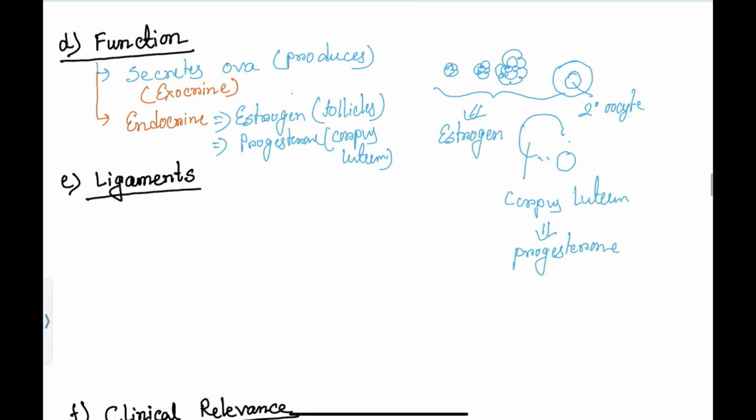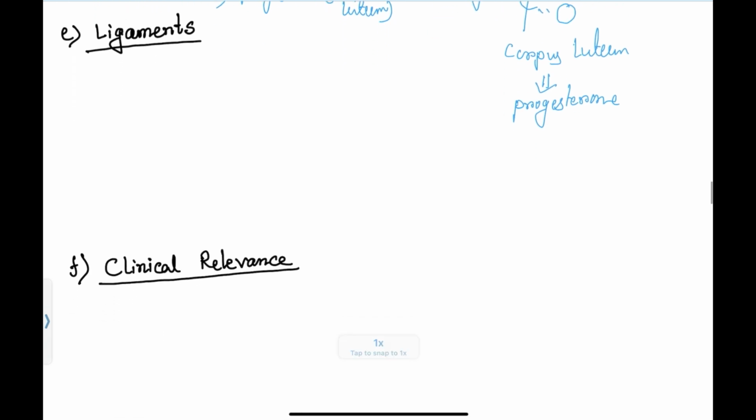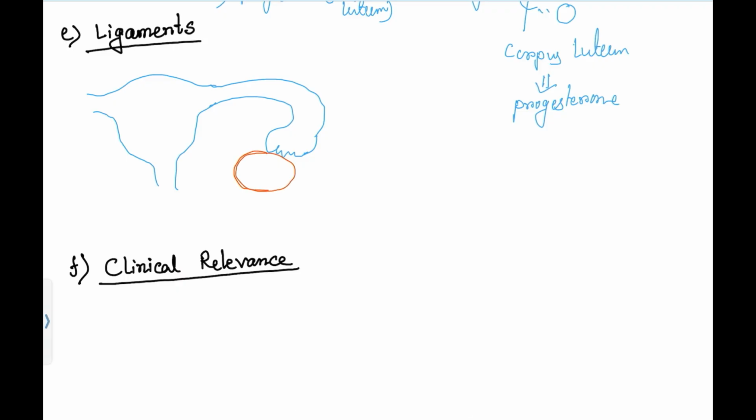Now coming to your ligaments. If I draw this uterus along with this ovary, you can see these are the fimbriae, and here your ovary is situated, right? This is your ovary, fallopian tube, and this is your uterus.